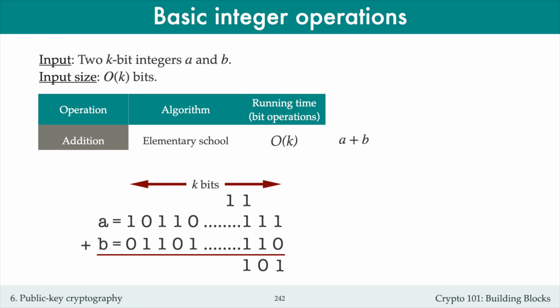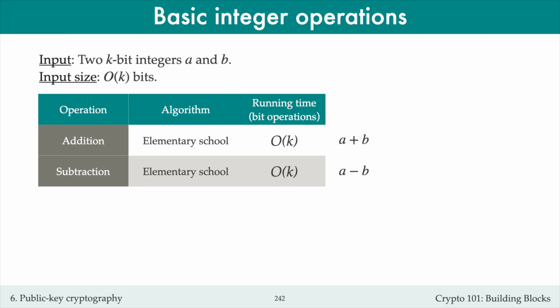So I could write the running time more precisely as big theta of k bit operations. But I'll be informal and use the upper bound of big O of k bit operations. You can check that subtraction can be done in big O of k bit operations.